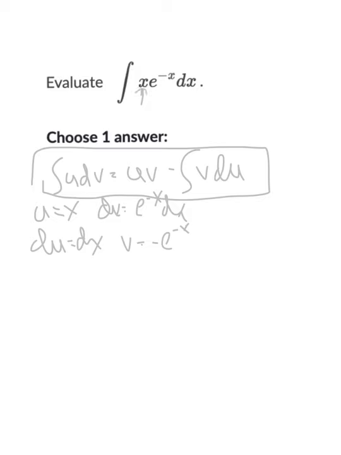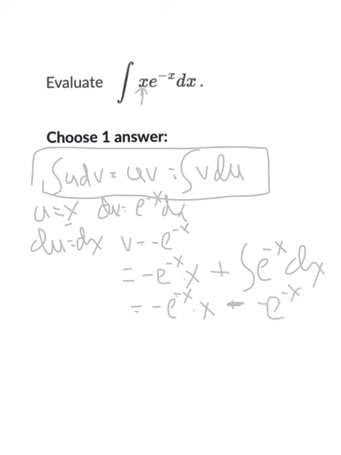So now if we plug this into our handy-dandy formula, we get uv, so minus e to the minus x times x, and then minus the integral of v du, so plus e to the minus x dx. Now this will become minus e to the minus x plus c.